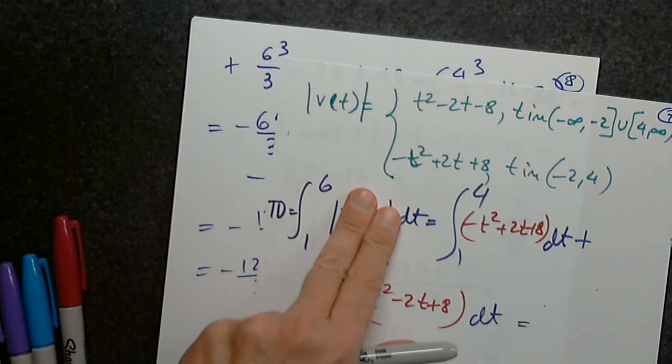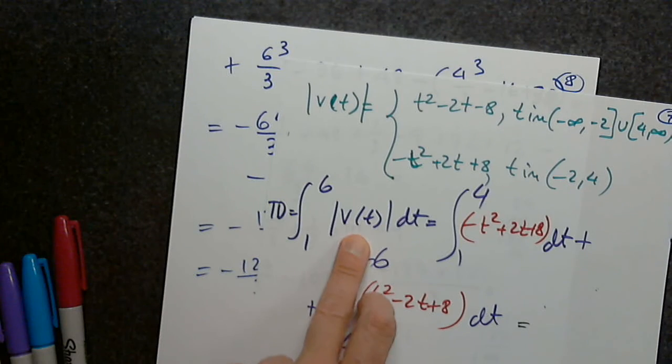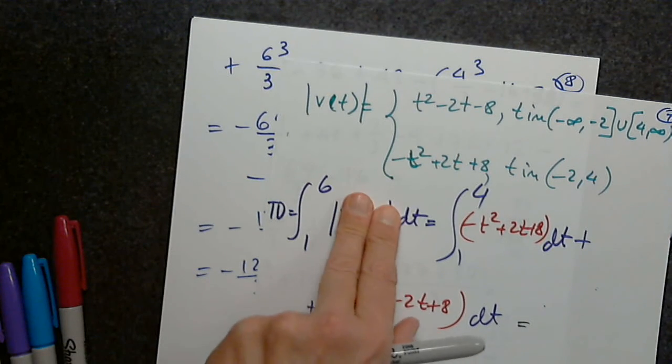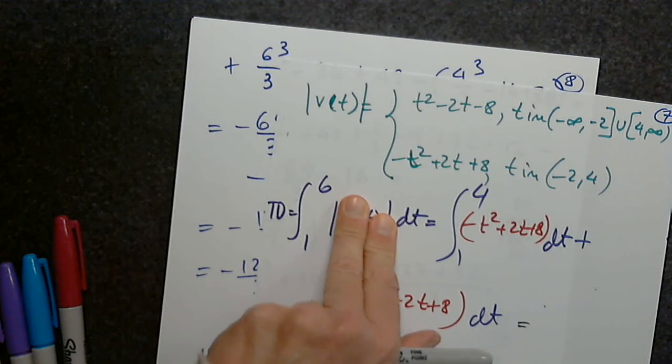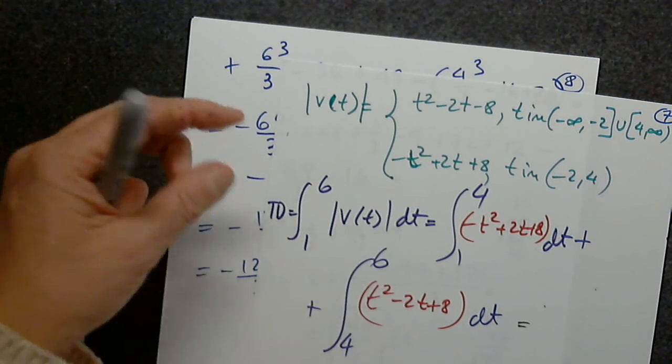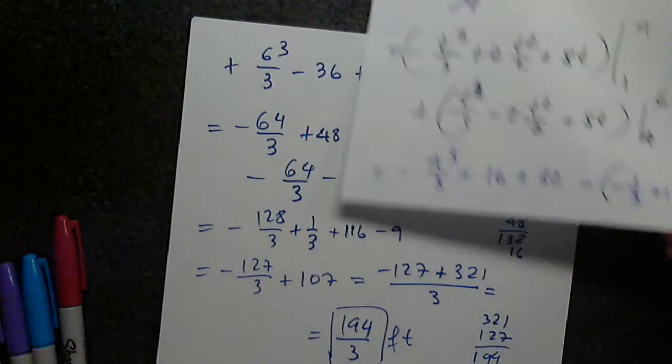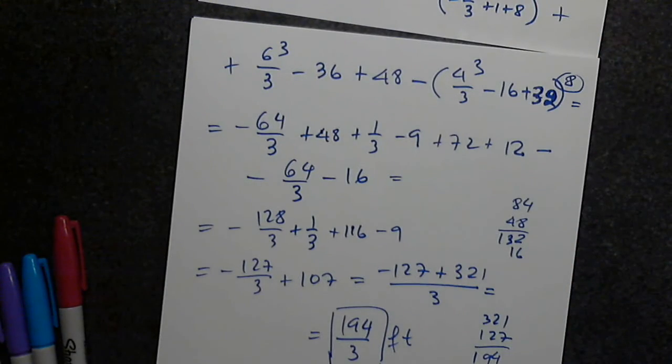So this is a positive function no matter what. Even if the velocity is negative, when I apply the absolute value, this will always be positive. As long as this function is positive, the answer for the area will always be positive. And we're talking about time. So, of course, we expect a positive value, 194 over 3.